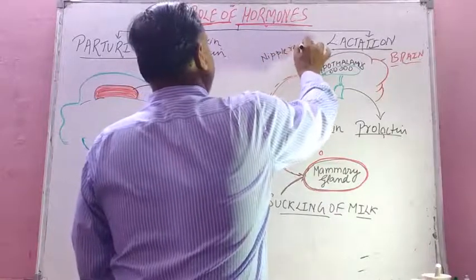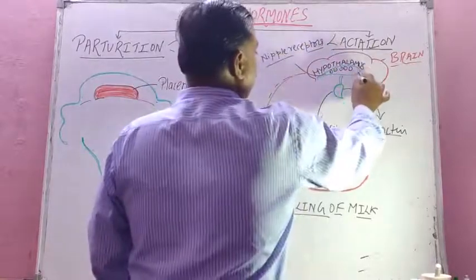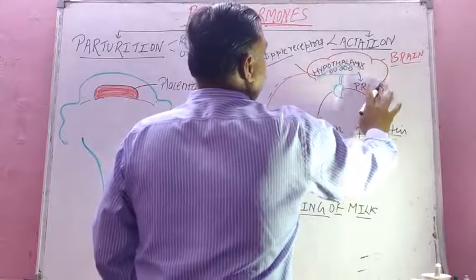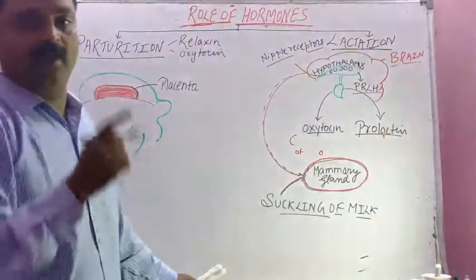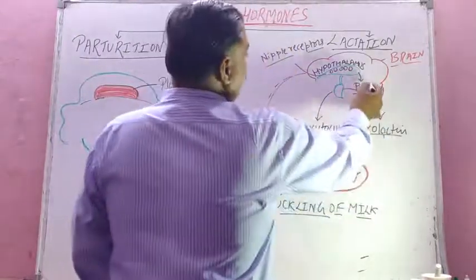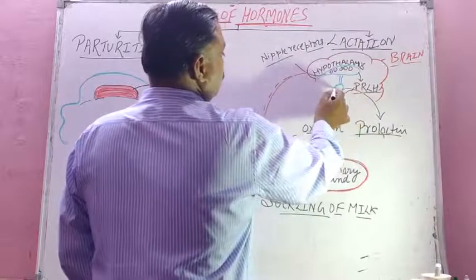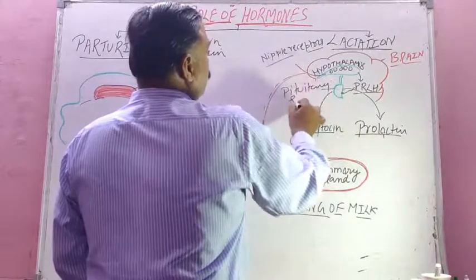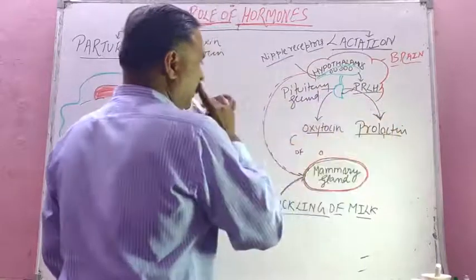The nipple receptor cells present in the hypothalamus get stimulated, and so the hypothalamus releases PRLH, a very important hormone, prolactin releasing hormone. This prolactin releasing hormone secreted by the hypothalamus will stimulate the pituitary gland to release prolactin hormone and oxytocin both.